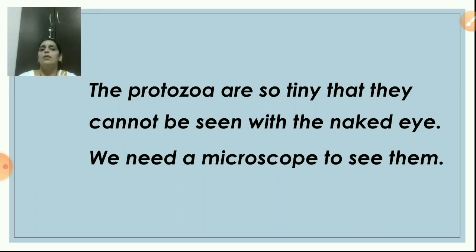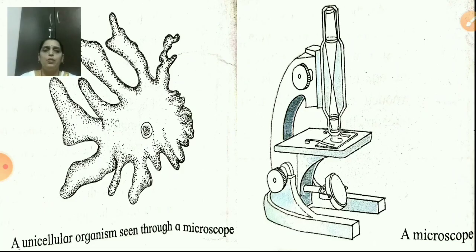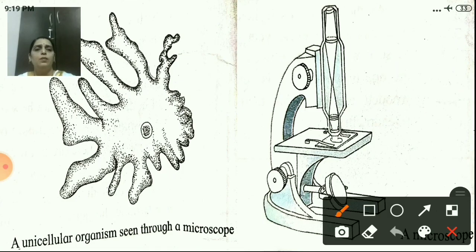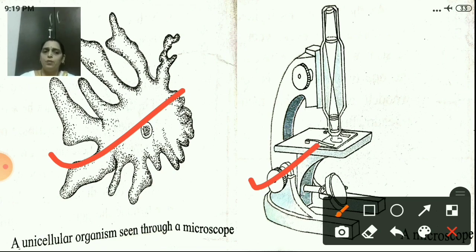So let's see the picture of a microscope. This is the picture of a microscope. And this is a unicellular organism seen through a microscope.